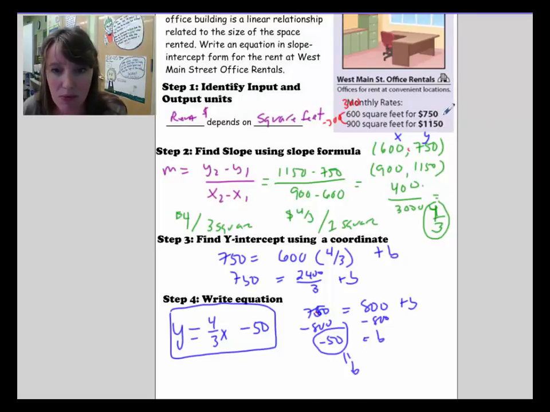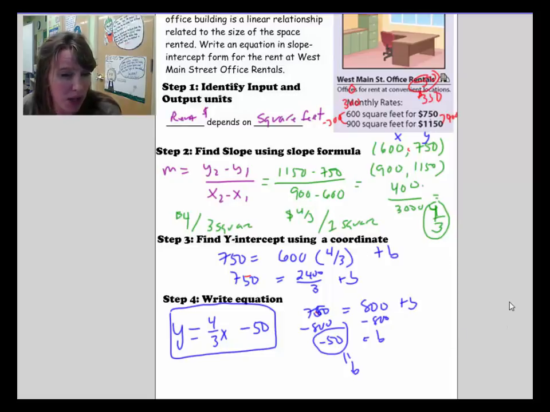That was, the answer was 350. So 750 minus 400 is 350. So 300 square feet would be 350. So 0 square feet would then get you the negative 50, because 350 minus 400 would get you that negative 50 is what we got when we used the coordinate here.